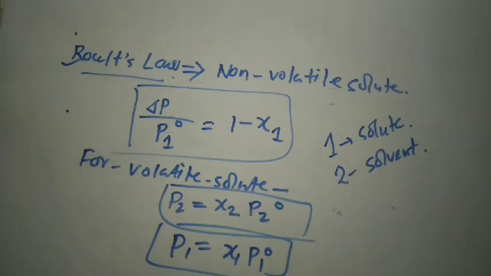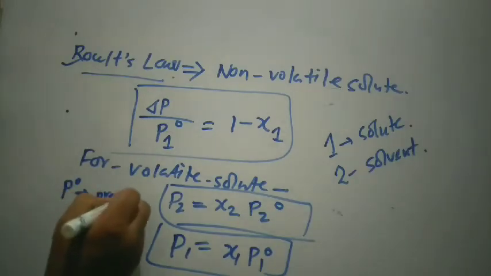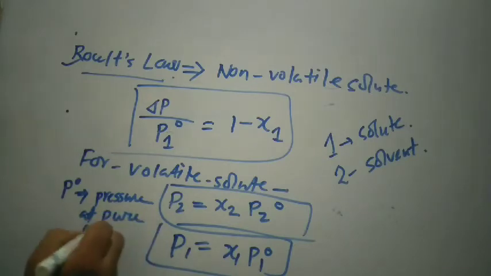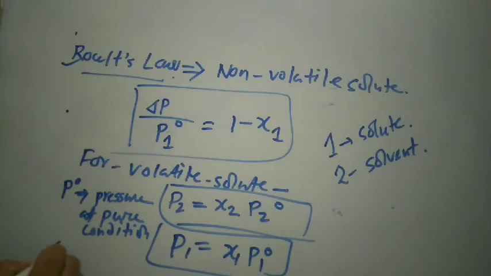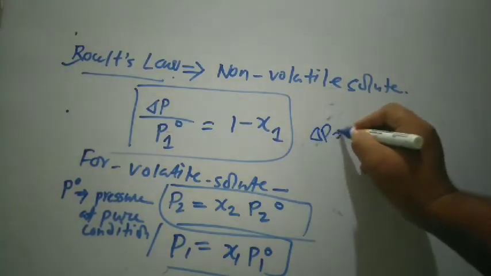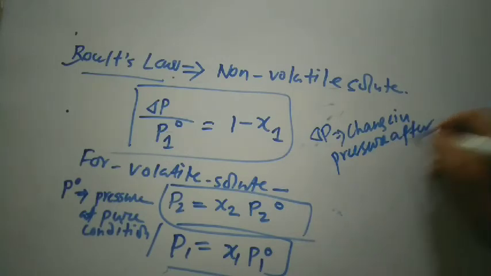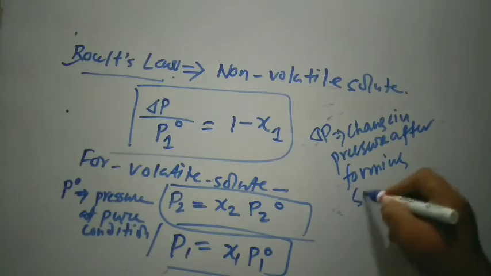So what are the terms? P naught is pressure at pure condition, and delta P is the change in pressure after forming the solution.